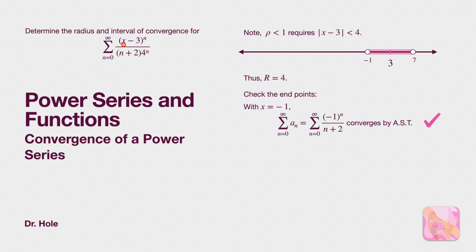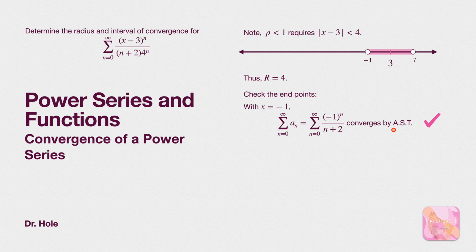Let's see. We would have -1 minus 3 produces -4. That's -4 to the n. You can apply properties of exponents to come up with 4 to the n in the numerator to cancel with the denominator, leaving you with a -1 to the n in the numerator, placed over the binomial n plus 2.